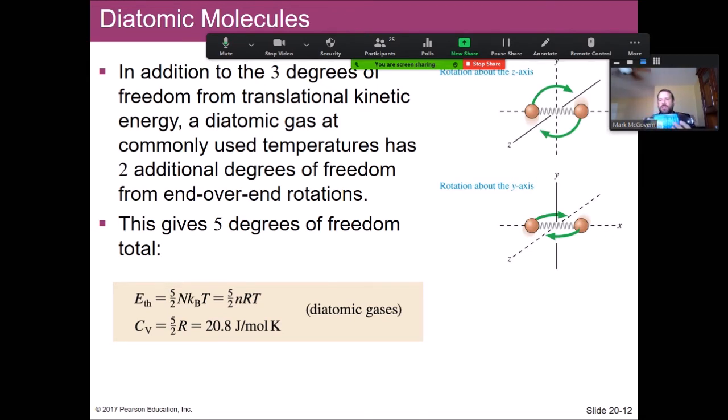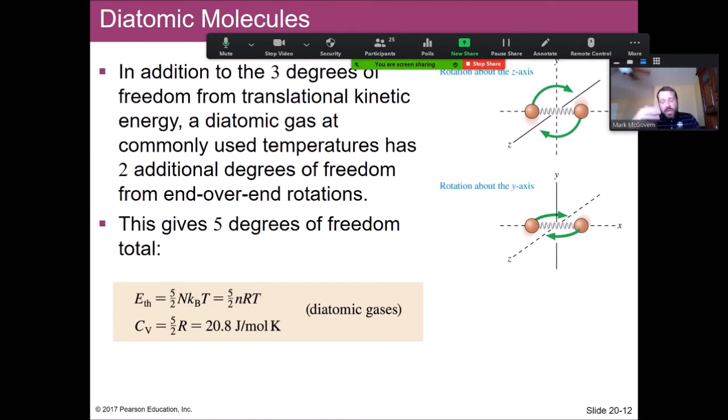That's a unique rotation. You could also rotate it like this, but there's no change in the system if something rotates like this. And it really doesn't require any energy to do that. It's basically tumbling. This is tumbling, and this is spinning. And that means there's 2 more degrees of freedom.